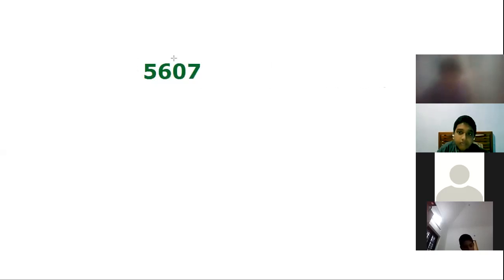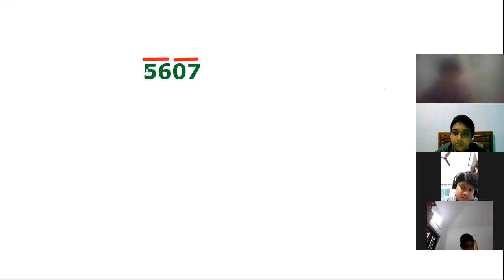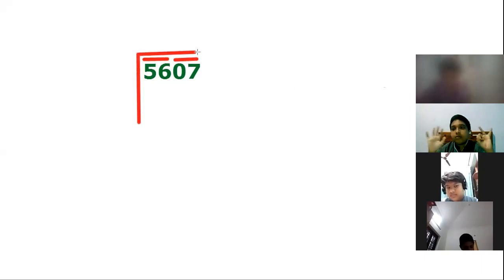How will you pair these numbers? The first pair should be 07, and the next pair should be 56. After that, you have to check between which square numbers 56 lies. Which are the square numbers? 7 square is 49.